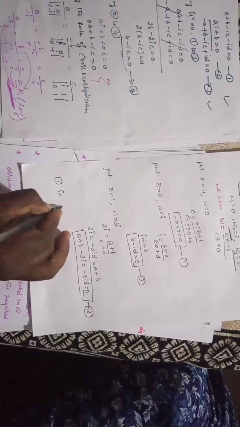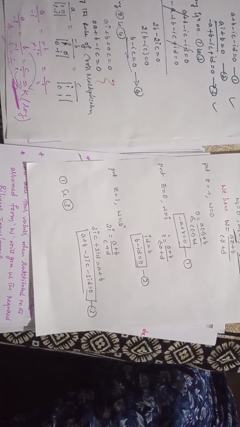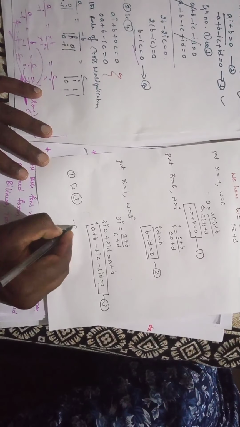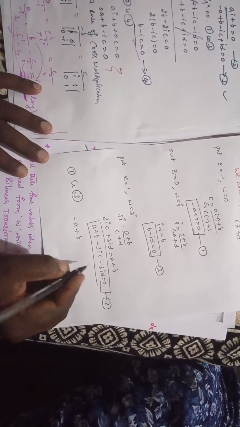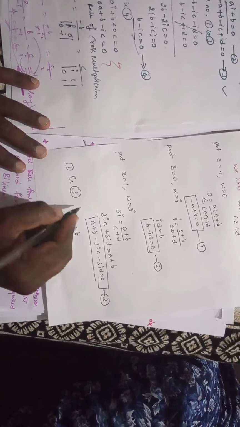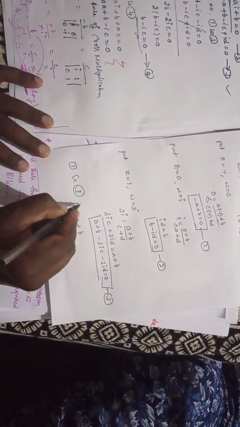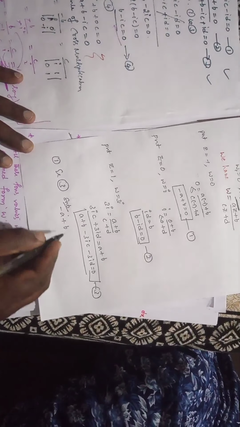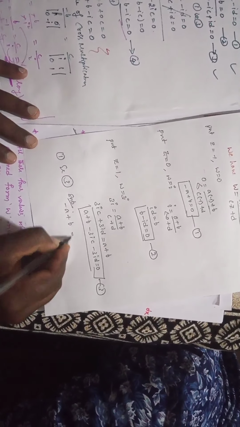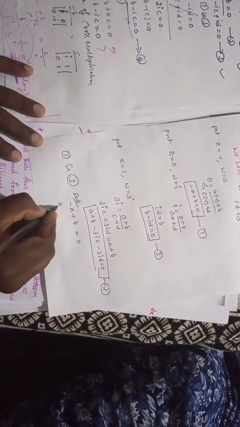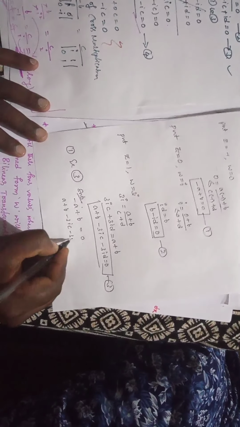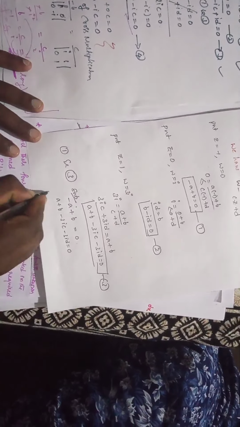Write equation number 1 as it is: minus a plus b equal to 0. Here we can add or subtract 1 and 3, so subtract equation number 1 and 3. Here a plus b minus 3ic minus 3id equal to 0.